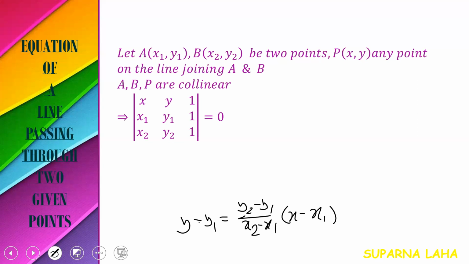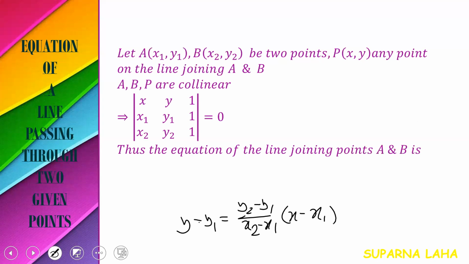So the equation of the line joining these 2 points A and B is given by this determinant equals 0. Clear? If you simplify this determinant, you will find the equation.